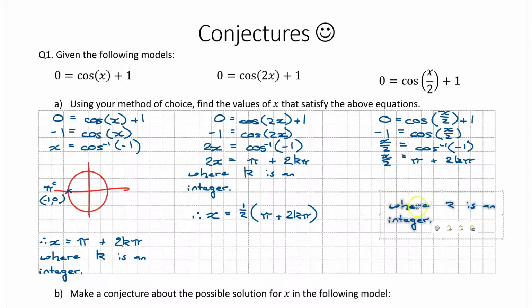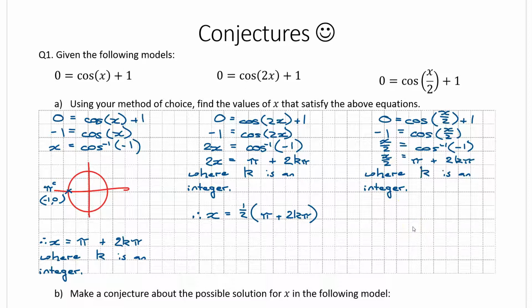So rewriting, where k is an integer, we want the value of x, not x over 2. So we go x equals 2 pi plus 2k pi. And that would be an adequate solution for model 3. So we've found all of the values of x that satisfy each of the equations up here.